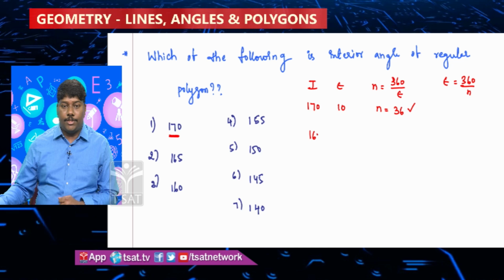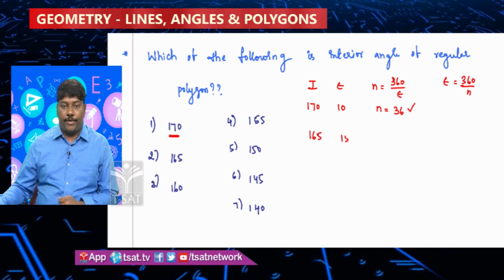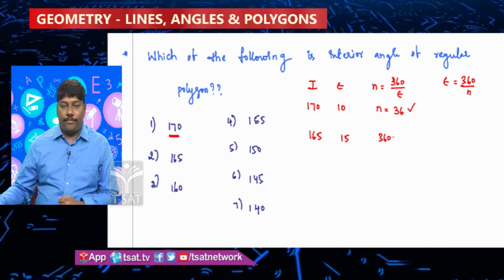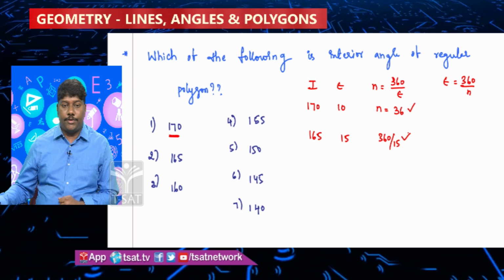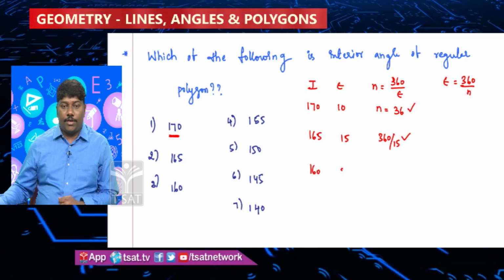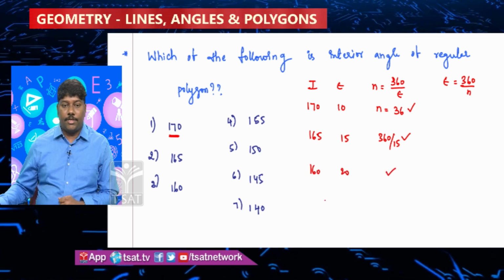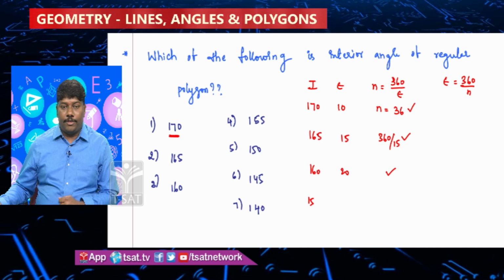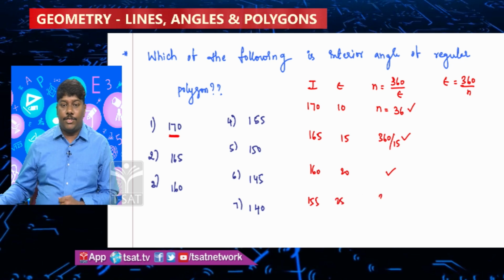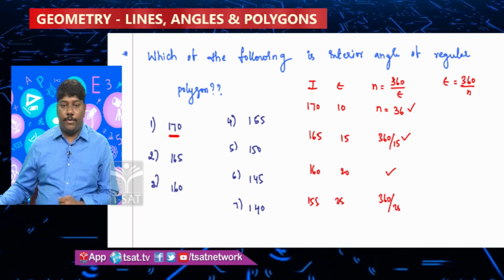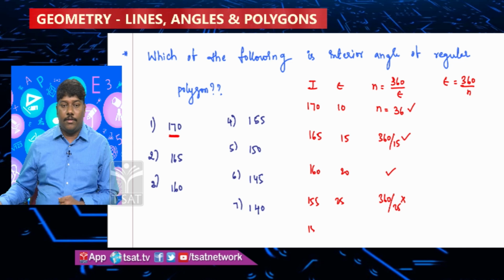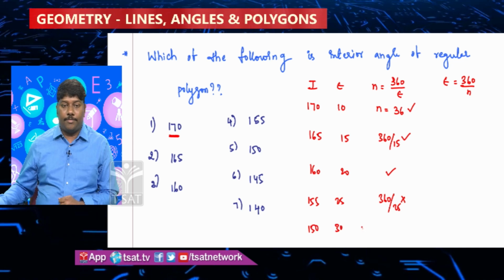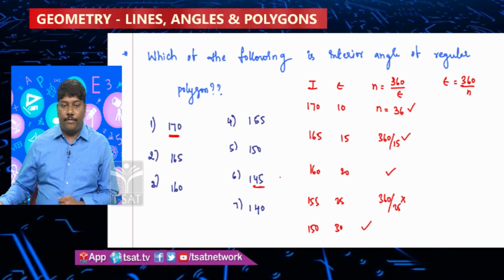If I take 165, it becomes 15. 360 by 15, it is an integer value. Yes, you can accept. 160, 20. Yes, you can accept. 155, which means 25. 360 is not divisible by 25. You cannot accept this. 150, so it is 30. You can accept it. 145, it is 35.